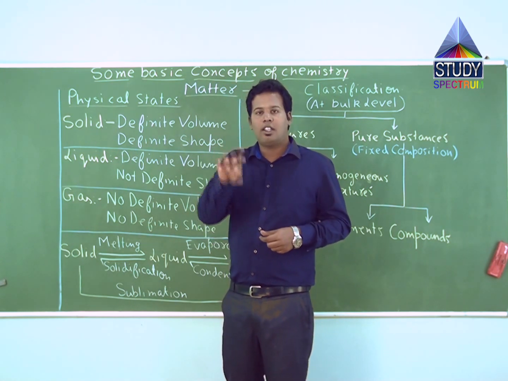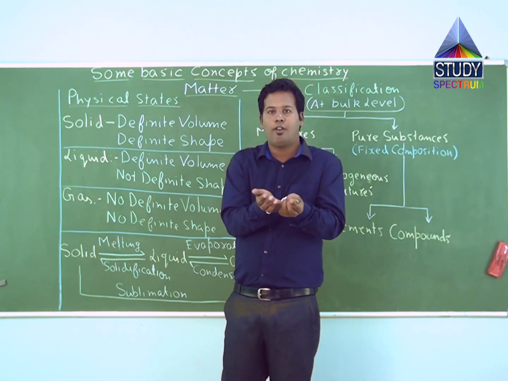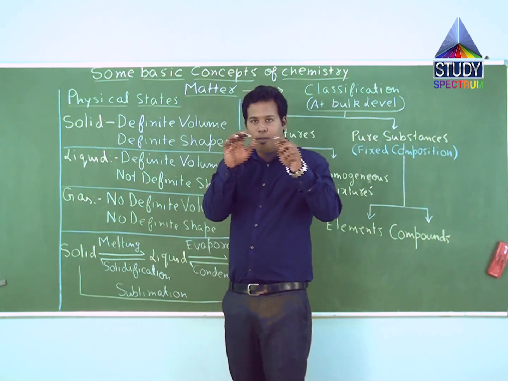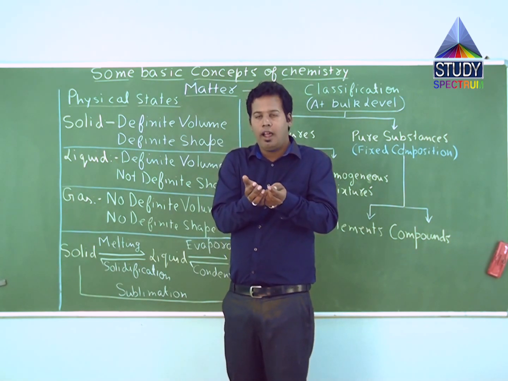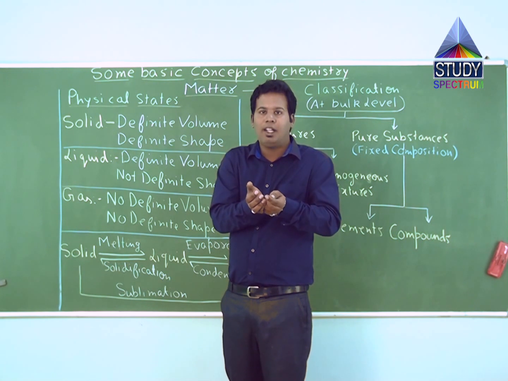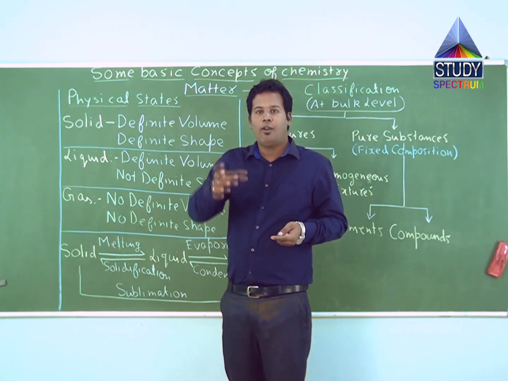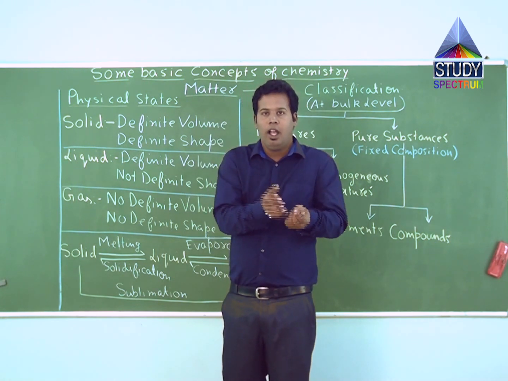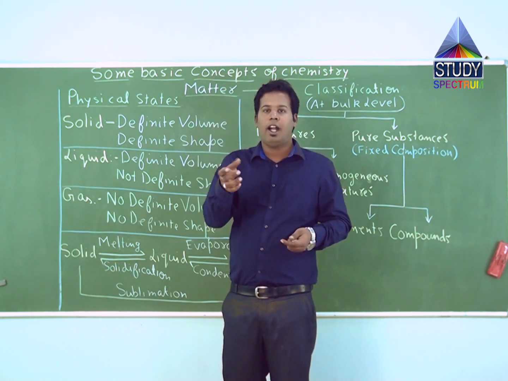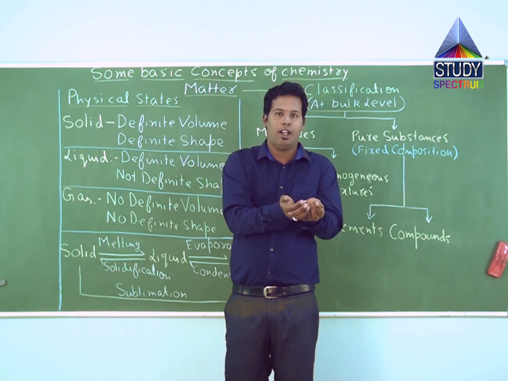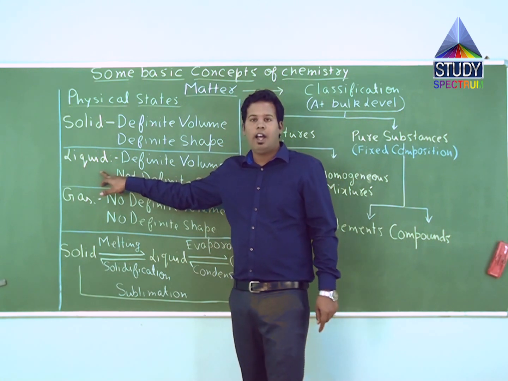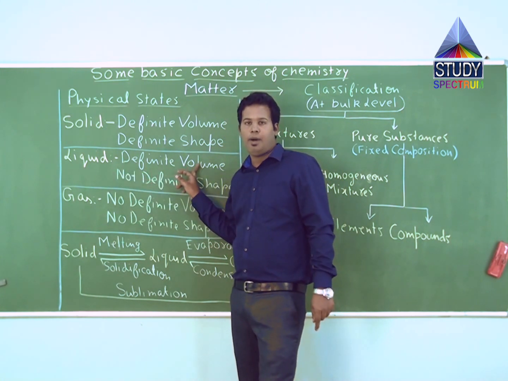But if you pour that same water into, suppose, a spherical container, then it will have a definite volume, and the volume of that liquid will be exactly the volume of the sphere, but the shape has changed. Earlier it was cylindrical, now it is spherical. So what we can say is, a liquid has definite volume but not definite shape, correct?